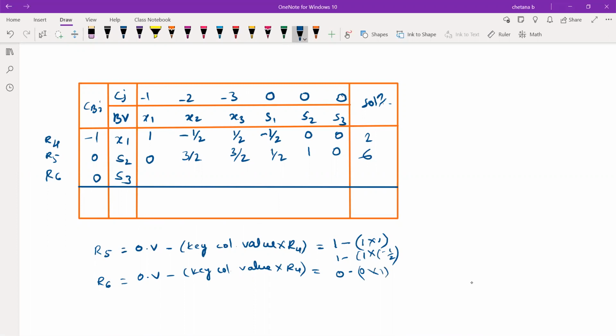So this is 0. This is minus 1, 1, 0, 0, 0, minus 2. Okay, you can check once after the class. You can just practice this.